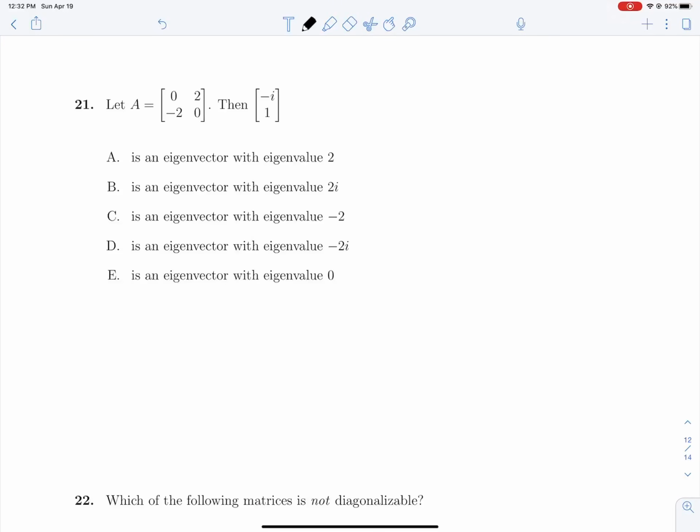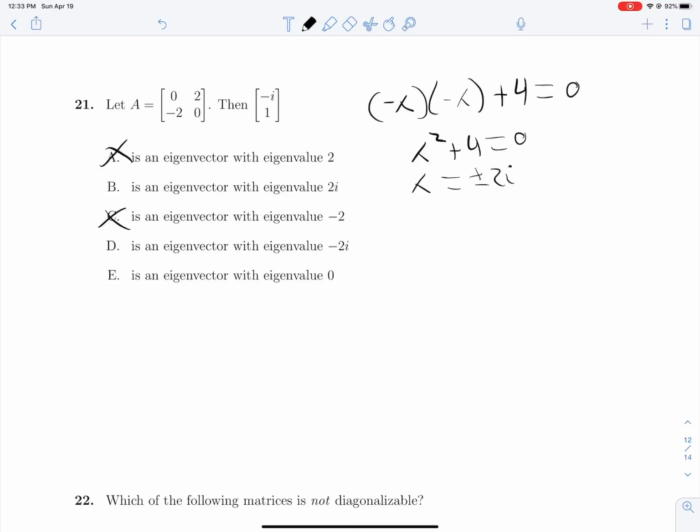21, if this is our matrix A, then really what we're doing is finding what eigenvalue the given vector corresponds to. Finding our eigenvalues is as simple as solving the determinant of A minus lambda I equals 0, so we'll get negative lambda multiplied by negative lambda plus 4 is equal to 0, or lambda squared plus 4 is equal to 0, which means our eigenvalues are plus or minus 2i.